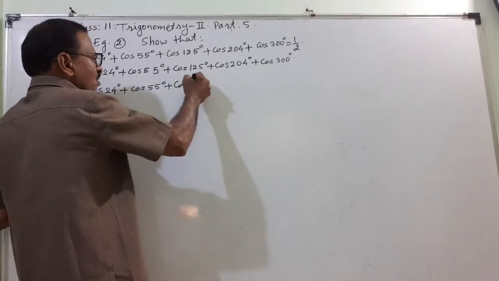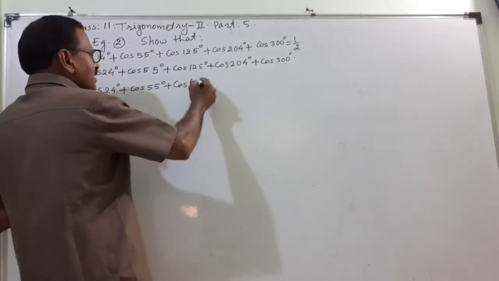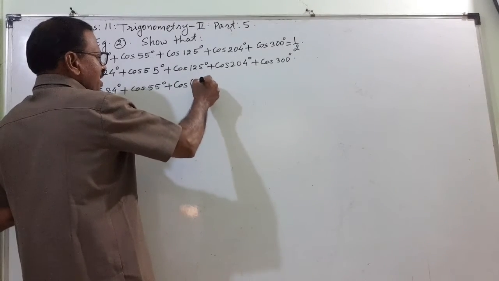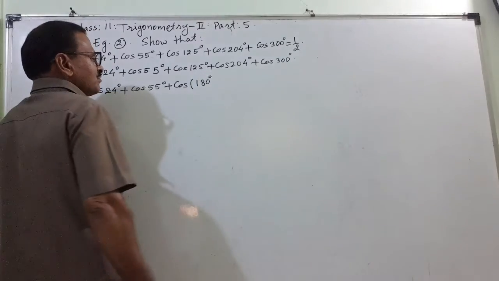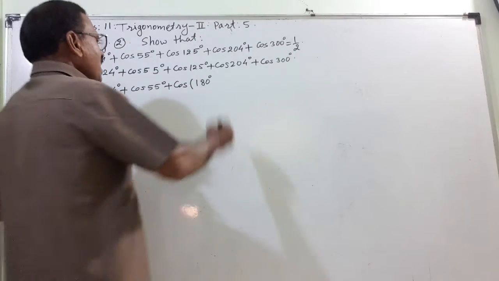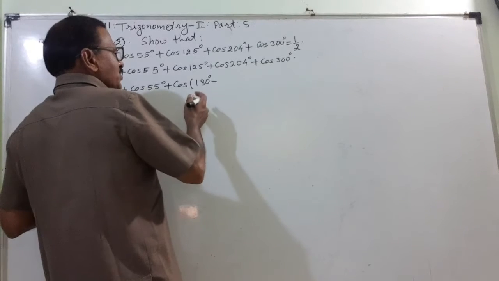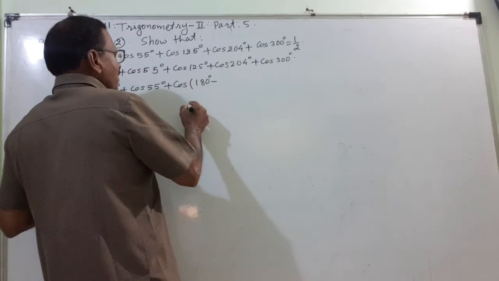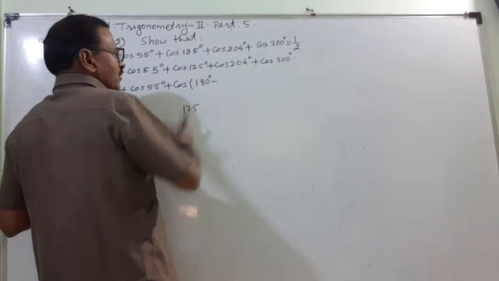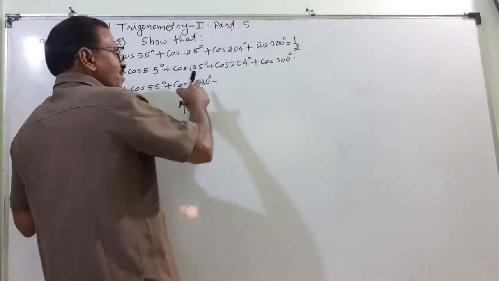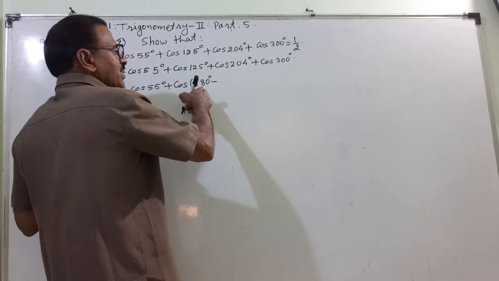So cos of, this I will write as 180 degree minus, how much? 125 I want. What should I subtract from 180?